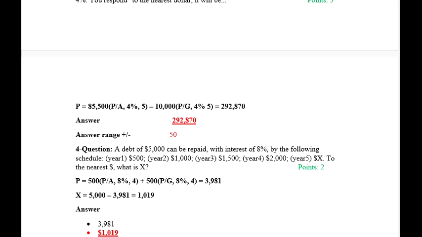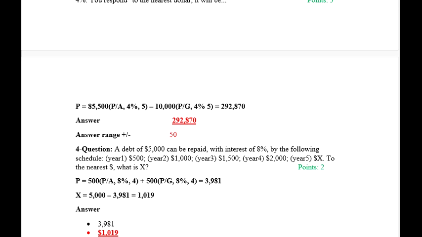$500. That means your G value, your gradient value, is 500, and your interest is 8%, and you have been given a value for 4 years, so your N is 4. So for the present value you can calculate P equal to 500 times (P/A, 8%, 4) plus 500 (P/G, 8%, 4).